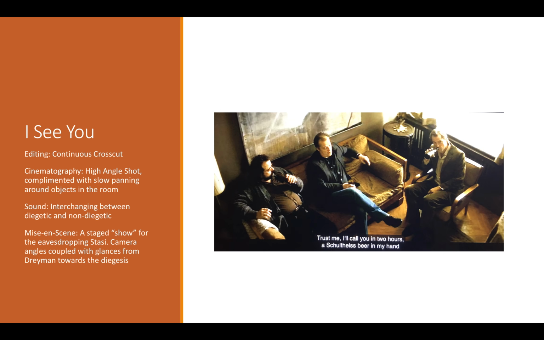What's interesting about how this shot is cut here is that while they're talking about being eavesdropped on, the camera angles here, much like back in the party scene that we talked about earlier, they kind of come from around objects. They are shot from the top. Perhaps where these bugs are hidden in the house is where this lens is at. And here in this very frame, you see Dreyman looking up as if somebody is watching him, and he's testing it, right?